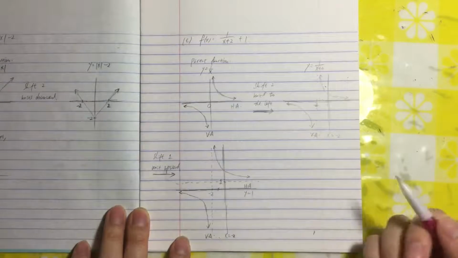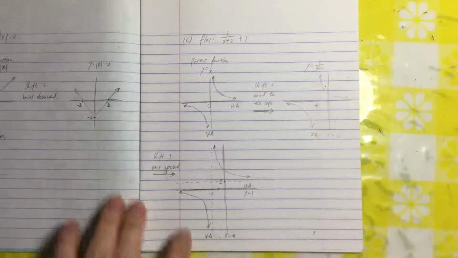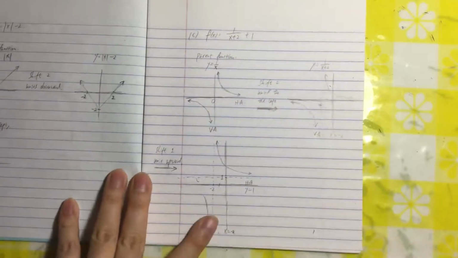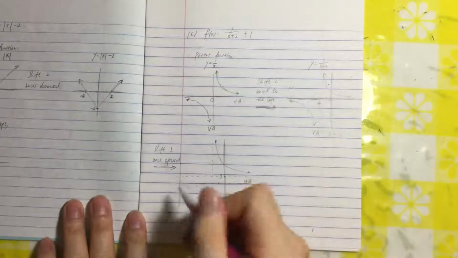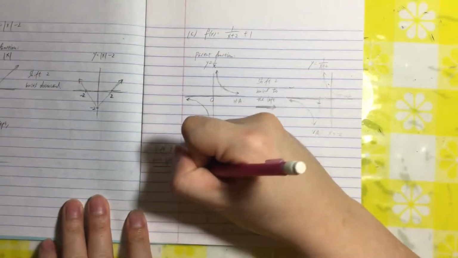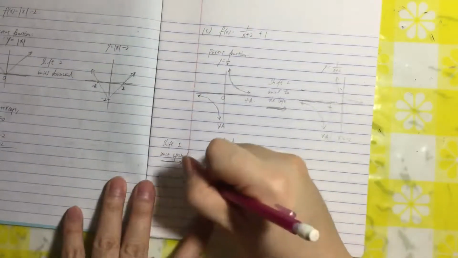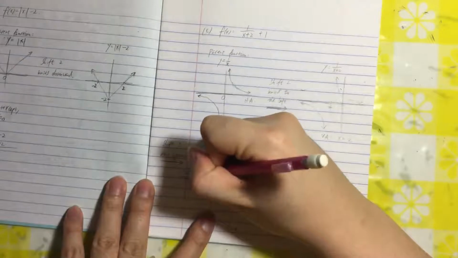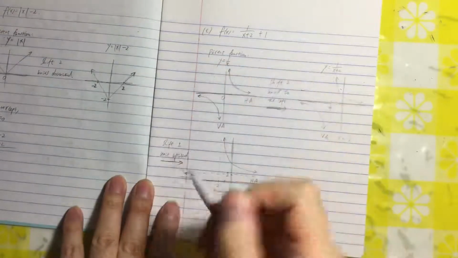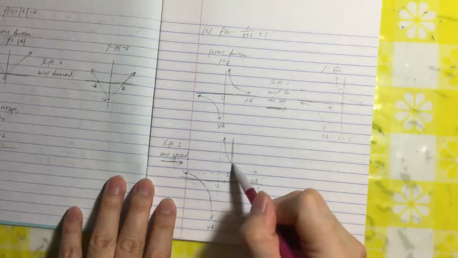Those are the asymptotes. The graph will get very, very close to the asymptote. Next, let's find the x and y intercepts. That's the x-intercept, that's the y-intercept.